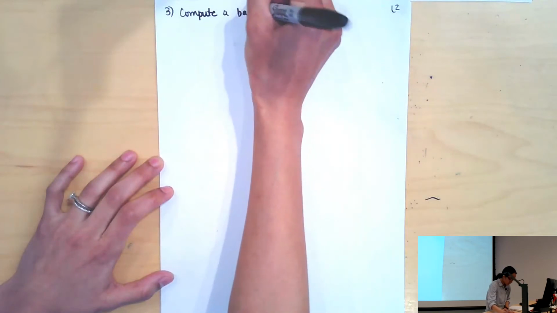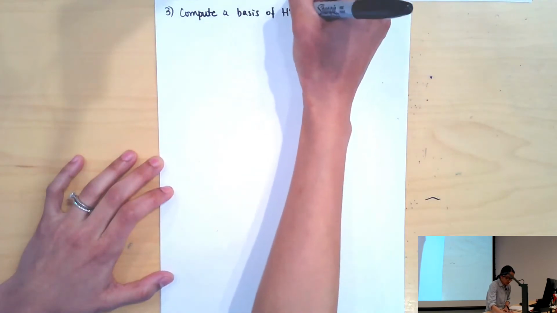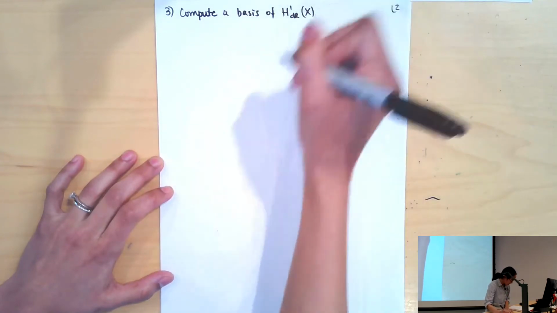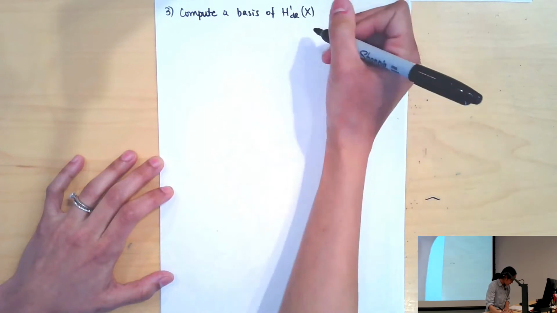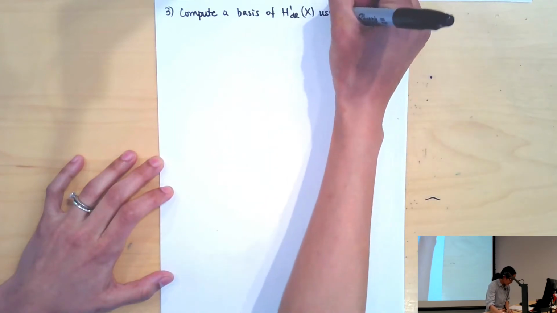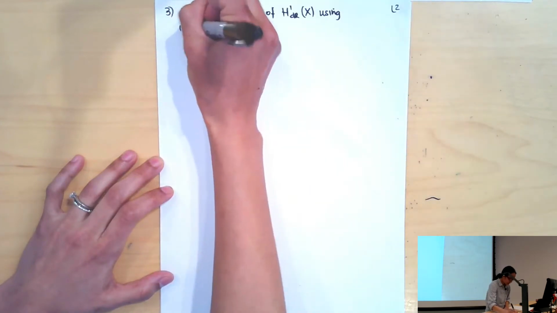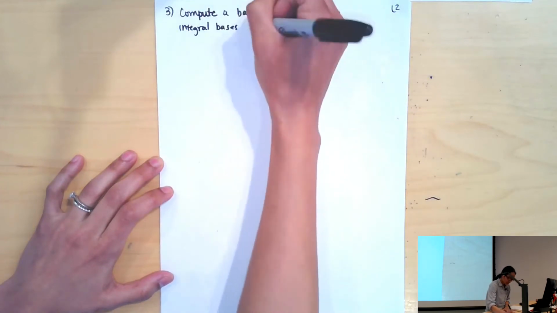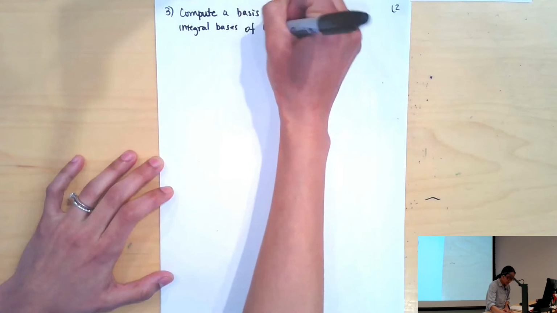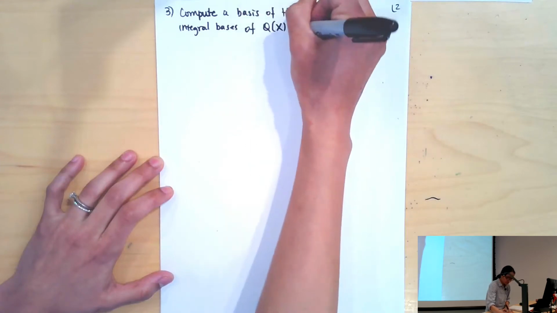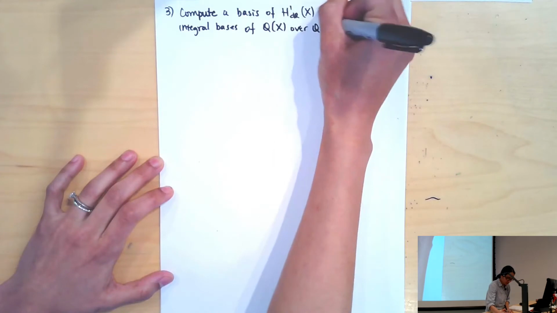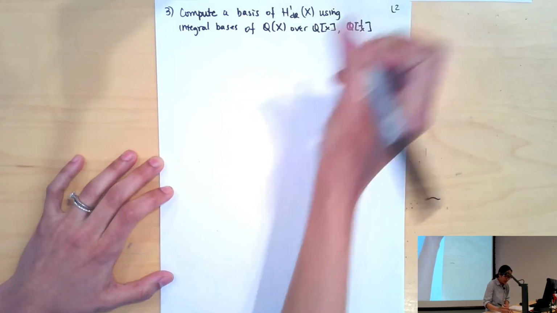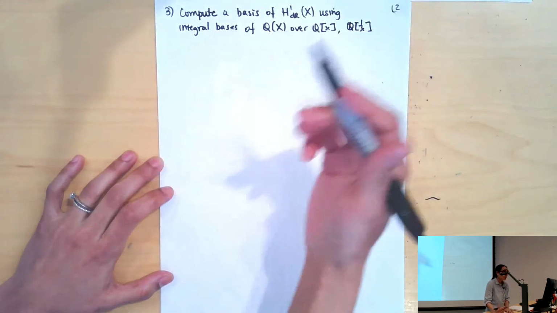So we compute a basis of H1 rigid, and we have some comparison theorems that tell us that this is essentially H1 de Rham. But we do this using integral bases of function fields. And this is something that is in Magma. So having everything in terms of integral bases really helps with the bookkeeping.